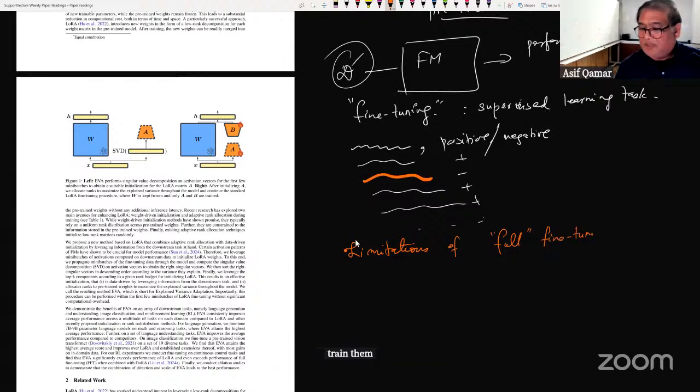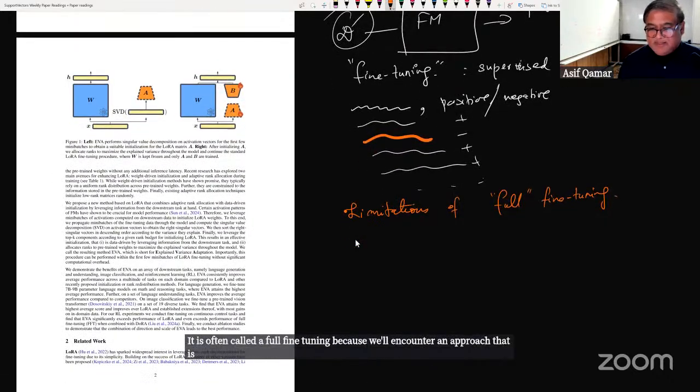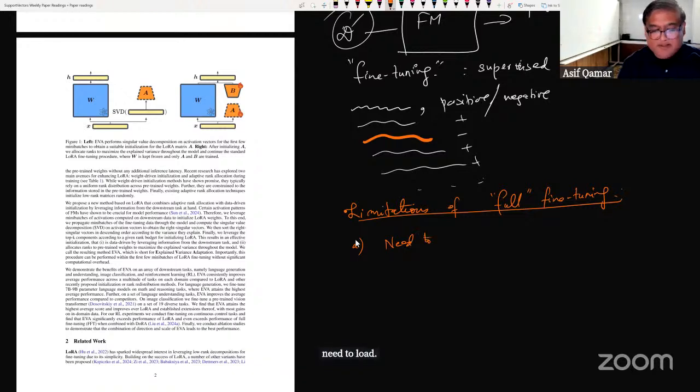It is often called full fine-tuning, because we'll encounter an approach that is contrary to it, that doesn't do that. The limitations of full fine-tuning are, A, you need more hardware, heavy hardware.